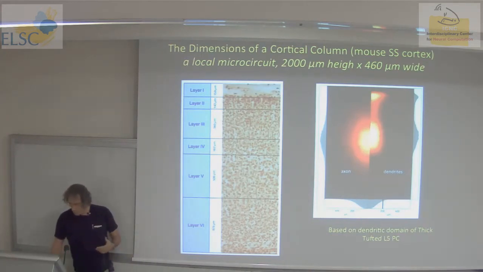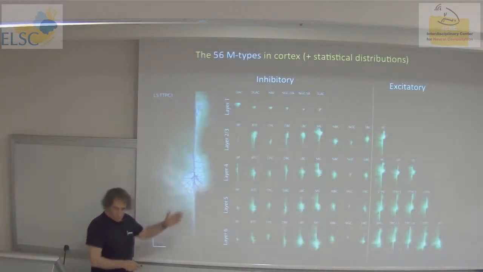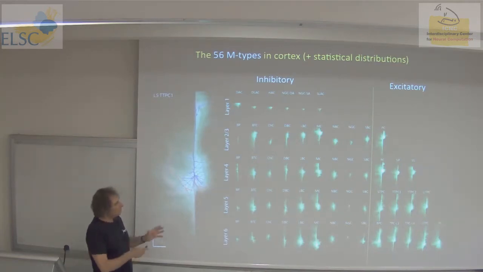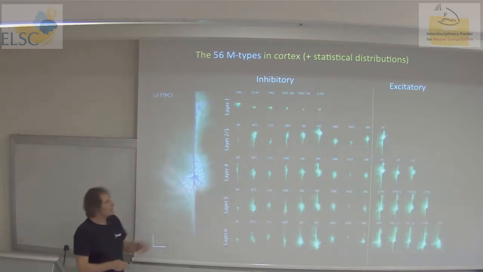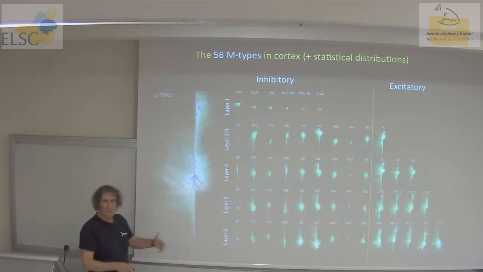I'm not involved in this particular subproject, but it's almost done: the attempt to classify, in terms of the anatomy of neurons, the anatomical types in the cortex. What you see here are the 56 different morphological types that were characterized.